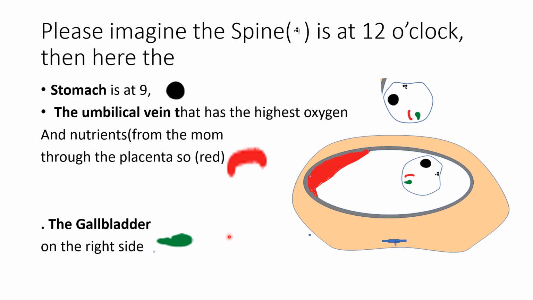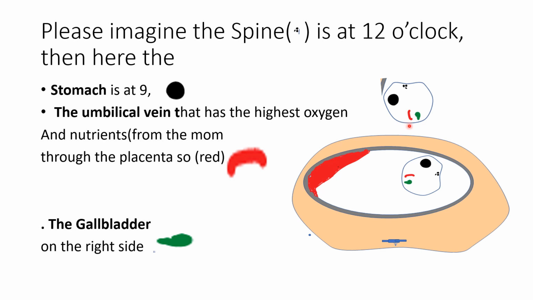Here we have the spine at 12 o'clock. So we have 1, 2, 3, 4, 5, 6, 7, 8, and the stomach is at 9. So it is breech. And we have here the red one, the umbilical vein, that is full of nutrient and oxygen.